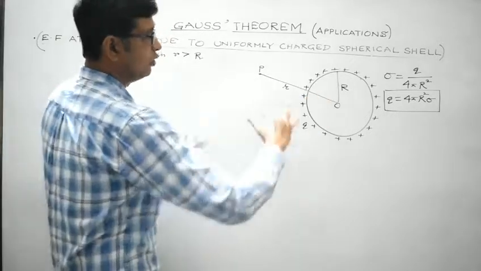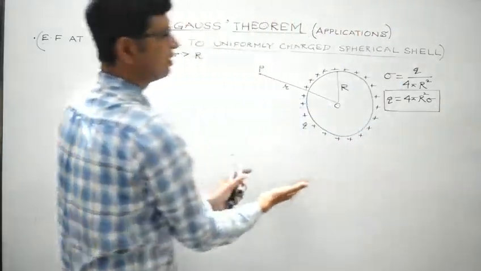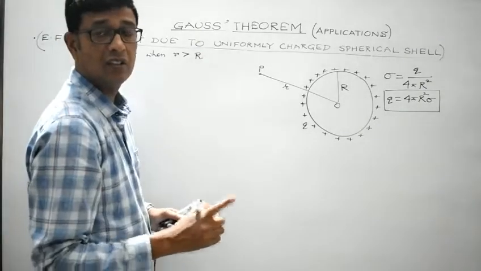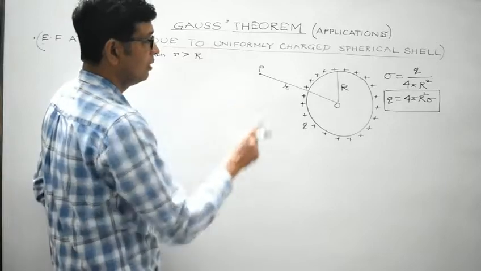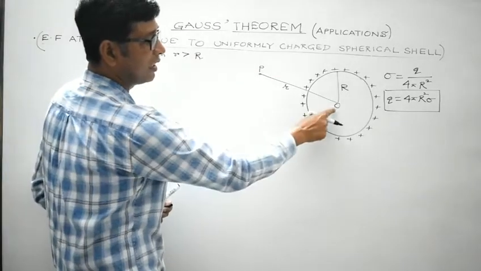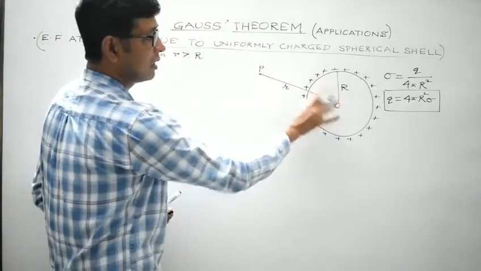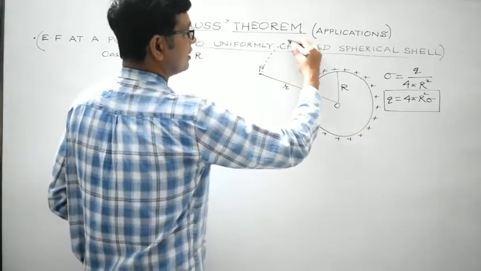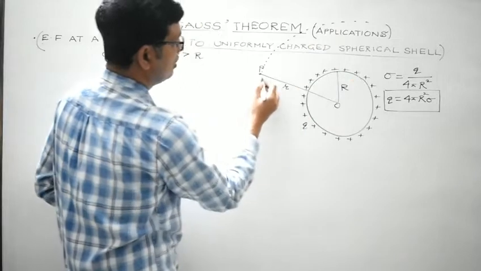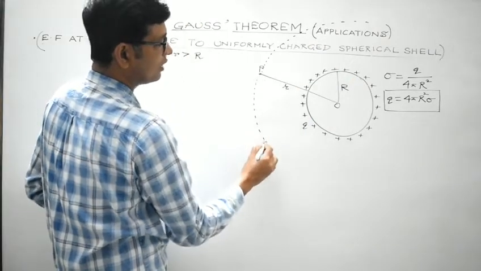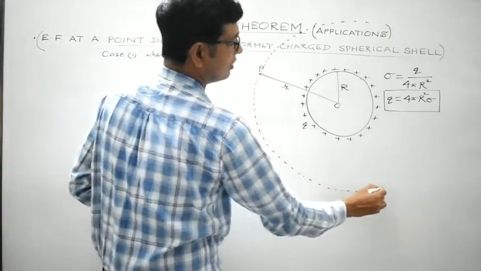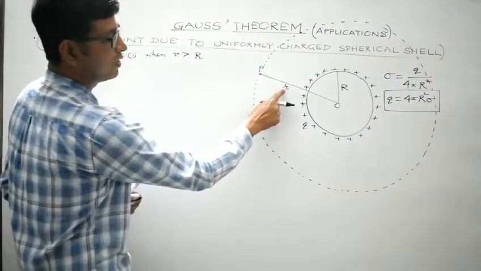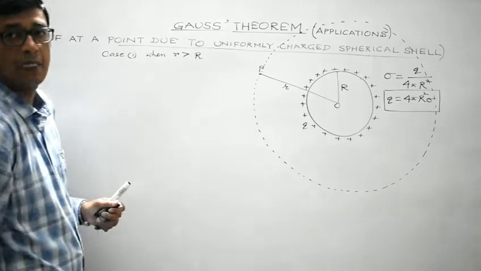In this scenario, a spherical Gaussian surface is preferable. So let us consider a spherical Gaussian surface passing through point P and concentric with center O. Its center is at point O and radius small r. The Gaussian surface is an imaginary surface which we have assumed, so it has to be represented by a dotted line like this. There is a spherical Gaussian surface of radius small r passing through point P.